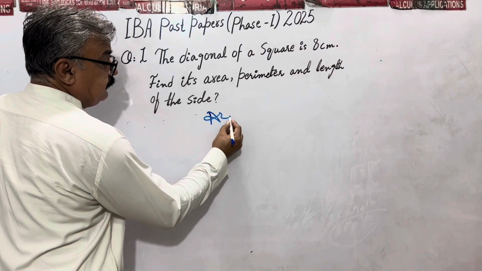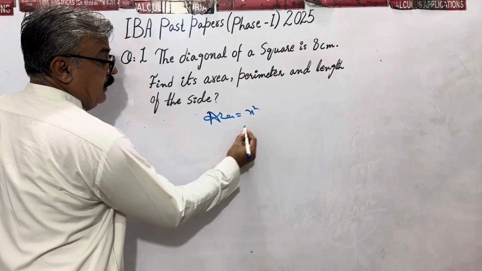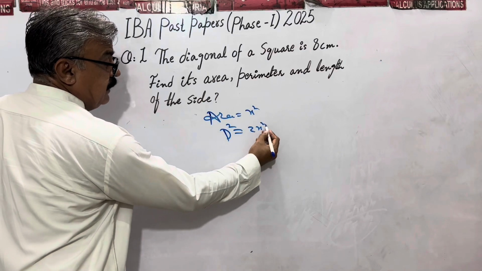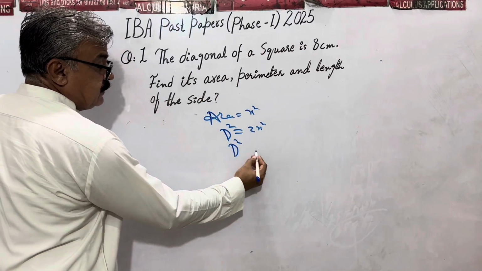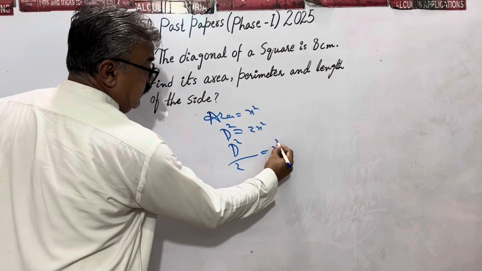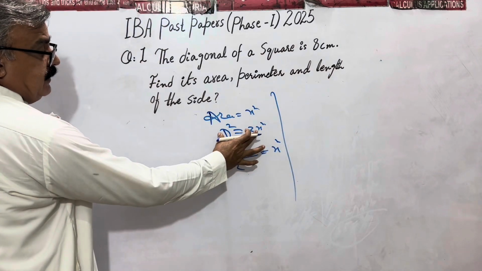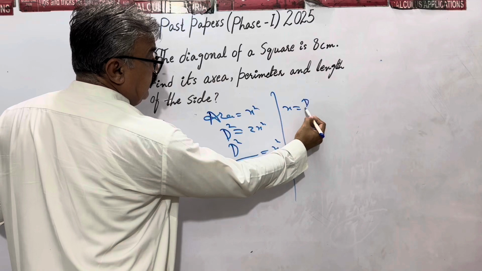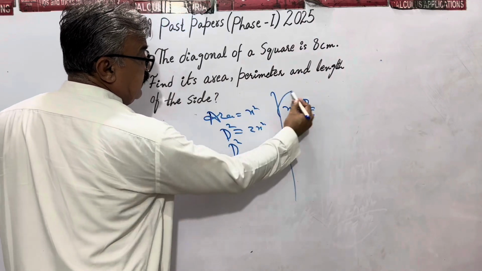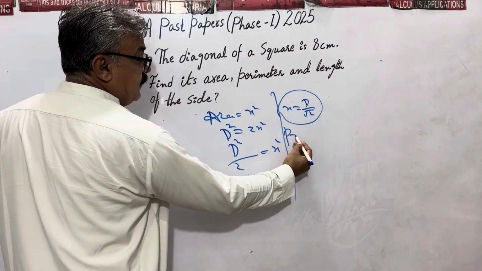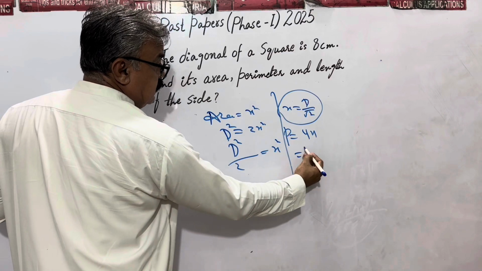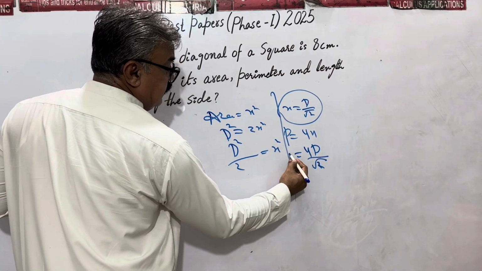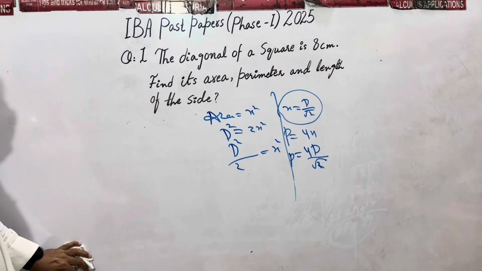Area is x square and we have the relation diagonal square is equal to 2x square. From this, diagonal square divided by 2 is our area. So x is equal to d over root 2. One can find the perimeter, 4 times x, that is the perimeter of the square.